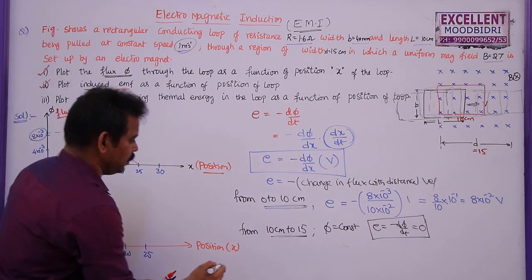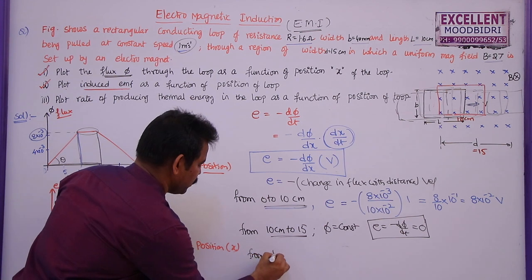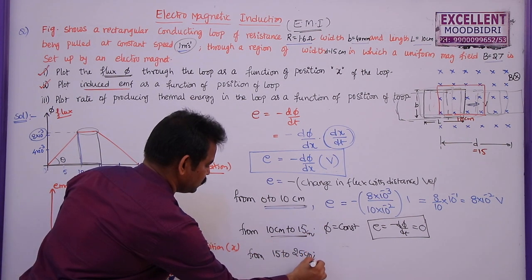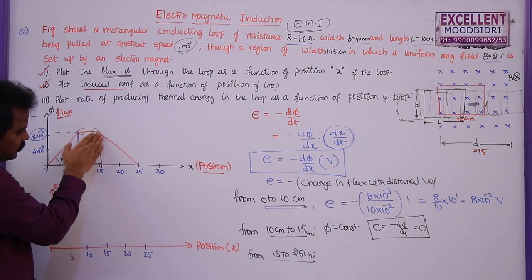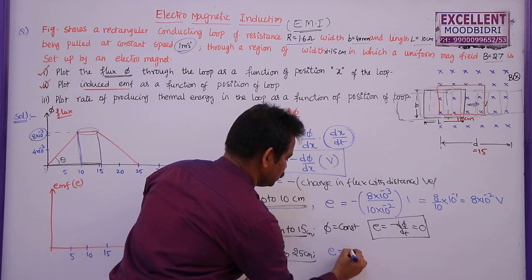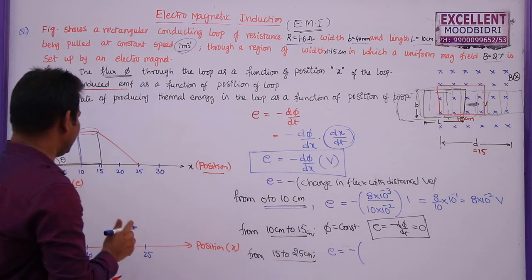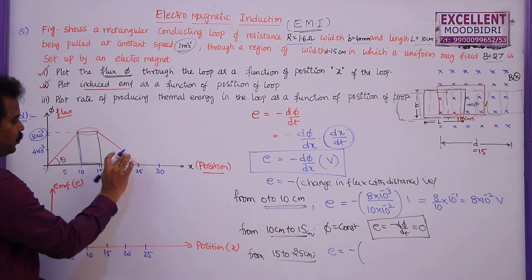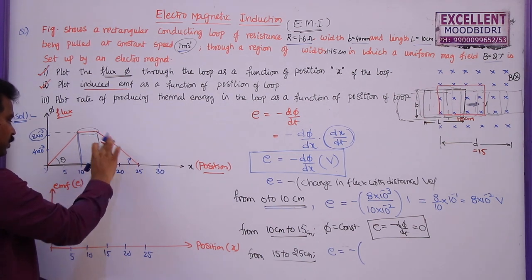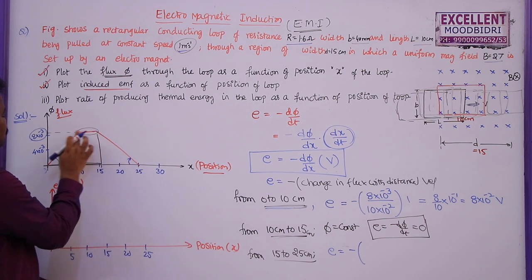Now in the third case, from 15 to 25 centimeters, the flux is decreasing here. So we can write the EMF induced is equal to minus of the decreasing flux. Here the change is negative. The final flux is 0 and the initial flux is 8 into 10 power minus 3.